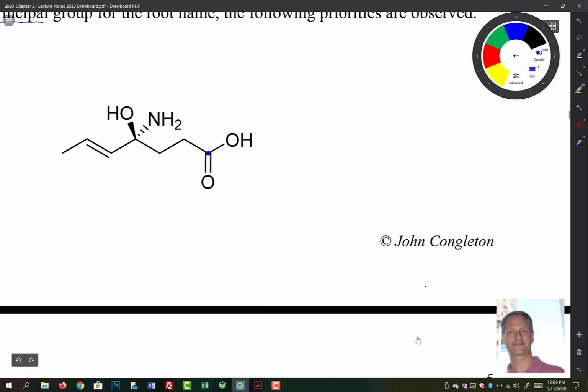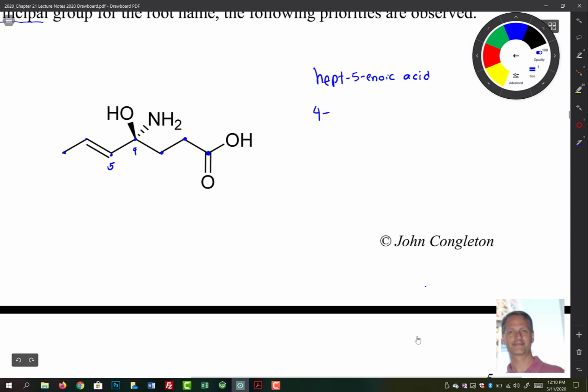So count them up. 1, 2, 3, 4, 5, 6, 7. So that means it's a hept. Right? It's not a heptane, it's a heptene. So 1, 2, 3, that's at 4, and that's at 5. So it's a hept-5-enoic acid.